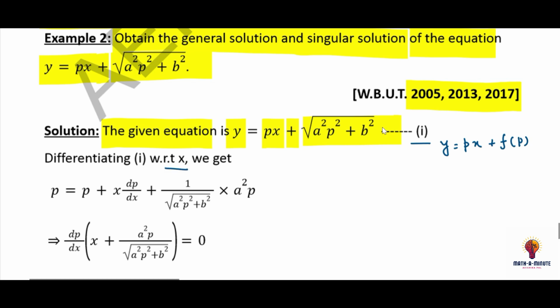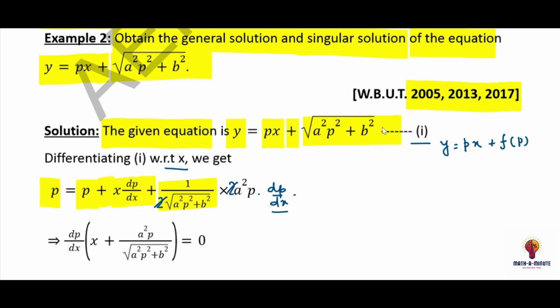So it will be p equals p plus x dp/dx plus 1/square root of (a square p square plus b square) times a square 2p dp/dx. Okay, let me write this, and there will be another 2 here. So 1/(2 square root of (a square p square plus b square)) times 2a square p dp/dx. Okay, now we can cancel this 2.